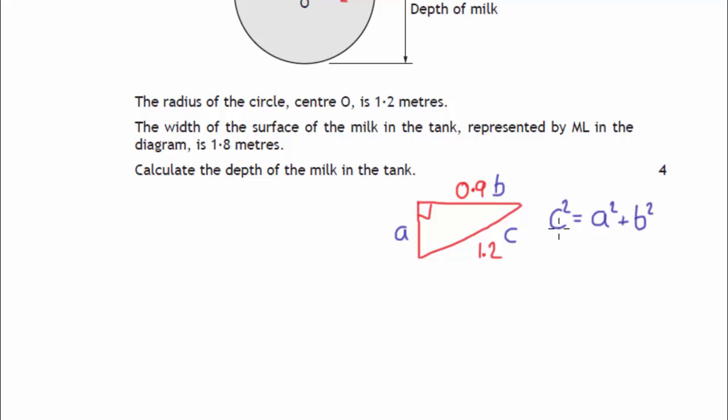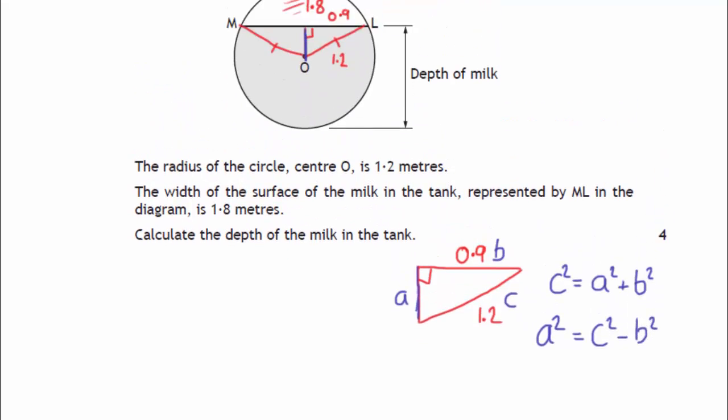Being able to rearrange a formula is really important. Because we want to work out this distance, we rearrange to get A squared equals C squared minus B squared.